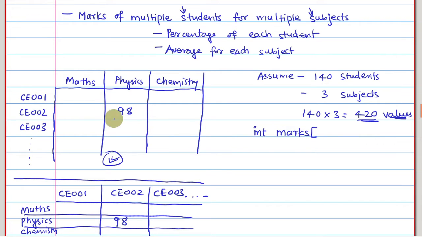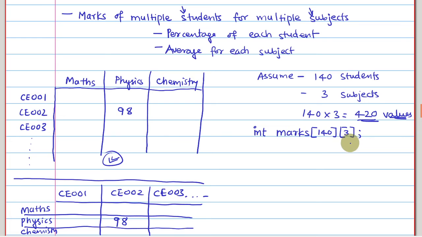The number of rows: each row represents one student, so how many rows will be required? 140. And the number of columns represents subjects, so how many columns would we require? 3. So we will need an array like this to store marks of all the students.